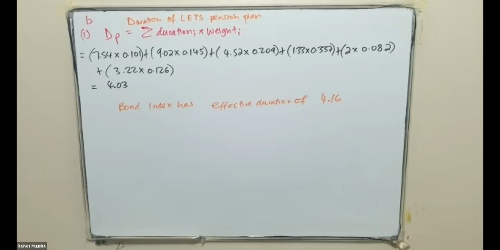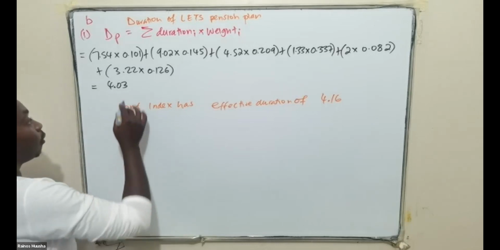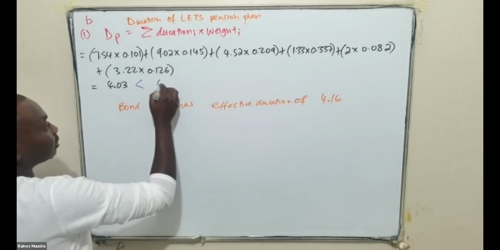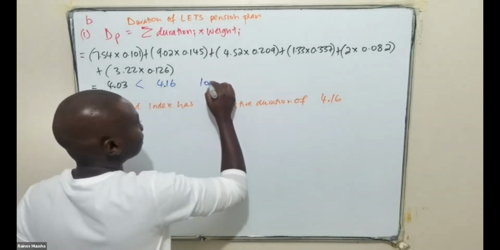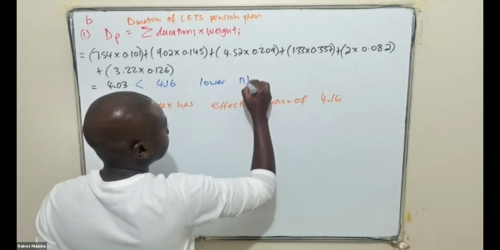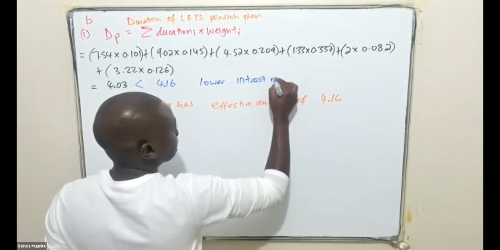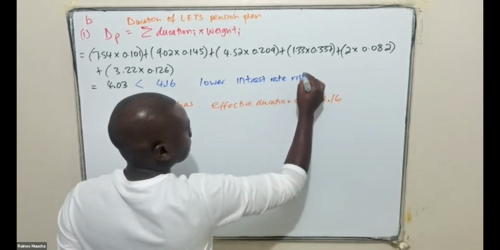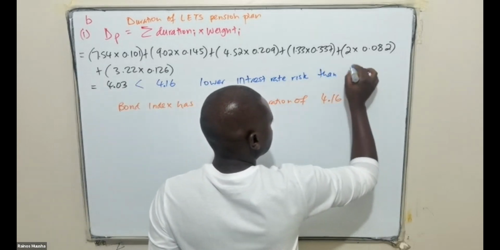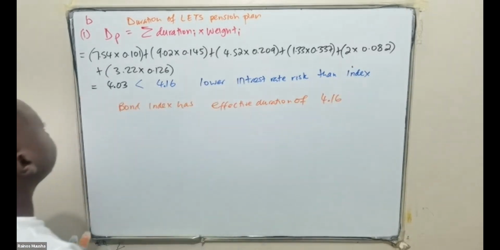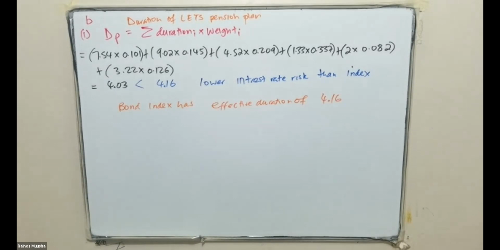In this case, we see that the duration of the bond portfolio is less than that of the index, so it basically means that the bond portfolio has lower interest rate risk than the index. Are we on the same page?